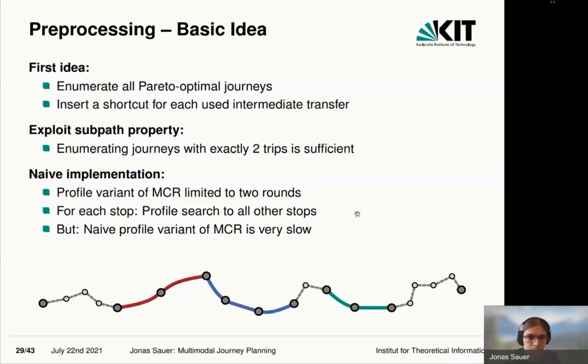So that's still very expensive, but since we limit it to 2 trips, it's already not as expensive as it used to be. Now there's a slight complication there because if we perform a naive profile search with MCR, it's going to be very slow.